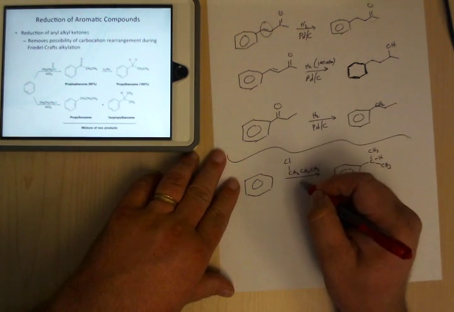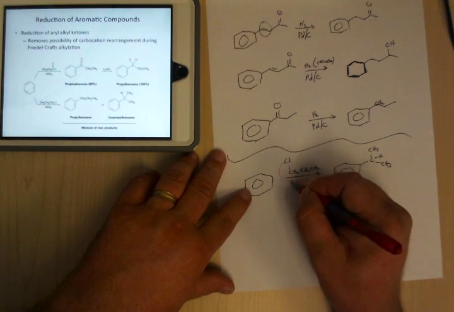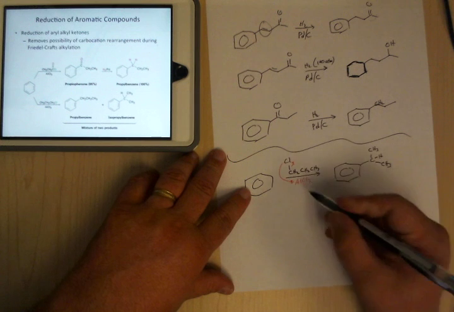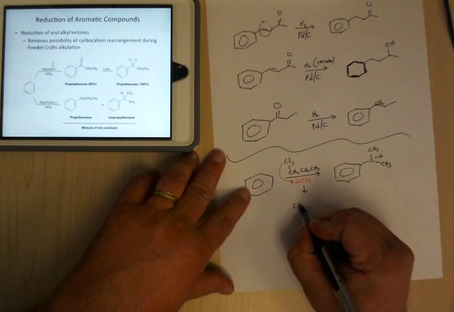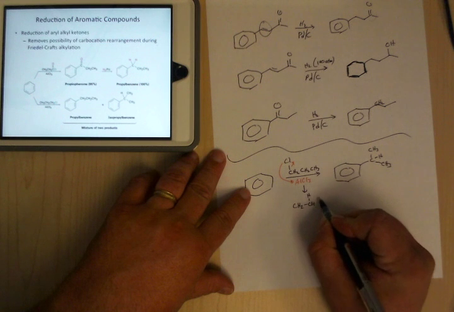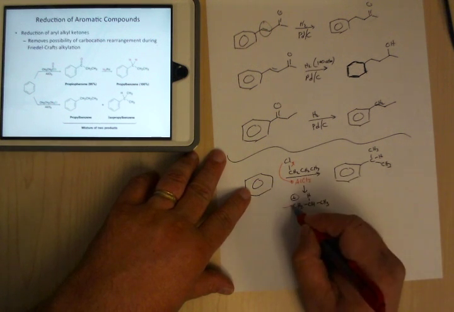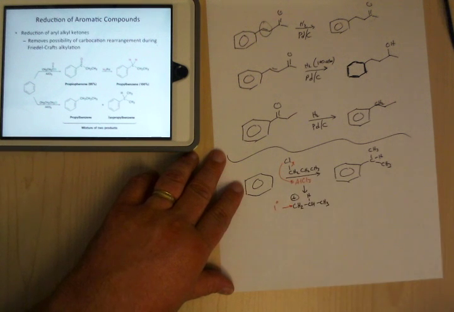Why? Well, what happens? We had AlCl3, so this is going to attack there. What's going on here? That's a primary carbocation. That's bad.